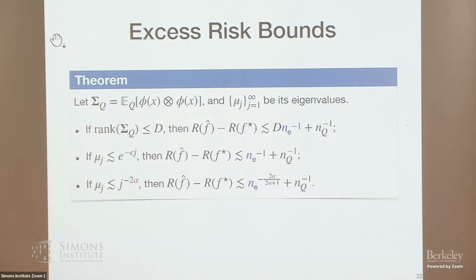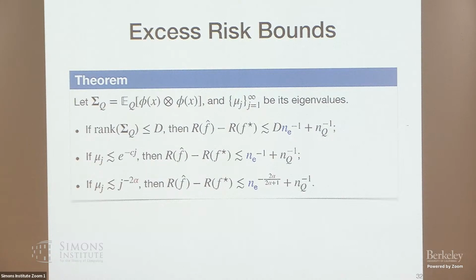And there are 3 common scenarios. First, if my feature has finite rank, or the covariance has finite rank, then my excess risk bound is D over the effective sample size plus a small overhead. The 1 over NQ is the target sample size that is unlabeled.